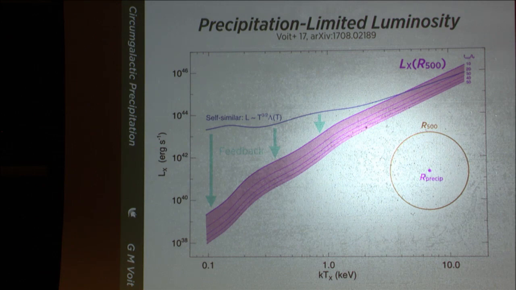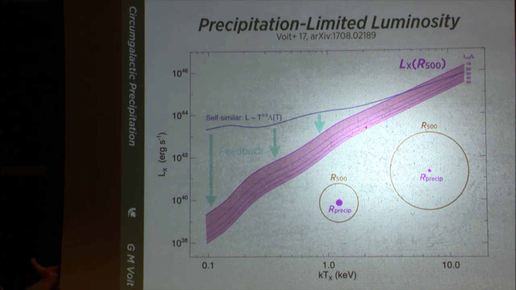If you're a galaxy cluster and you ask where does precipitation limit you relative to cosmological, it's a pretty small region at the center. It's about 30 kiloparsecs compared to a megaparsec. If you ask about a group of galaxies, the region subject to precipitation is larger and the virial radius is smaller. And so, in a way, the luminosity that you would be getting from this region is suppressed.